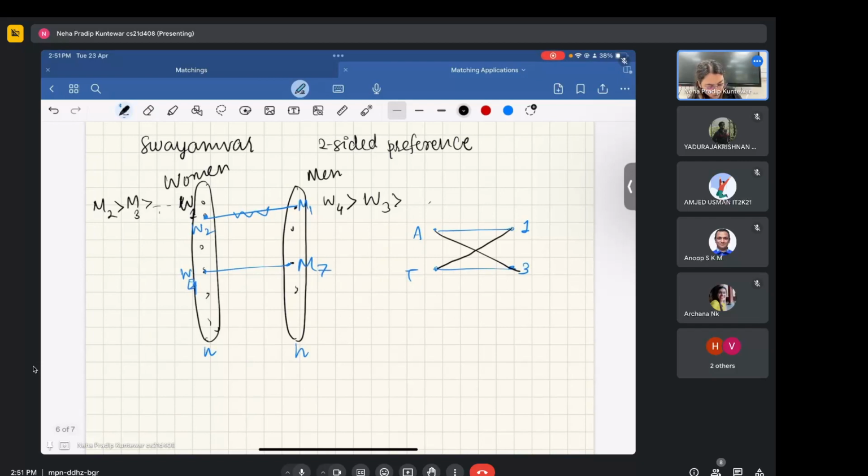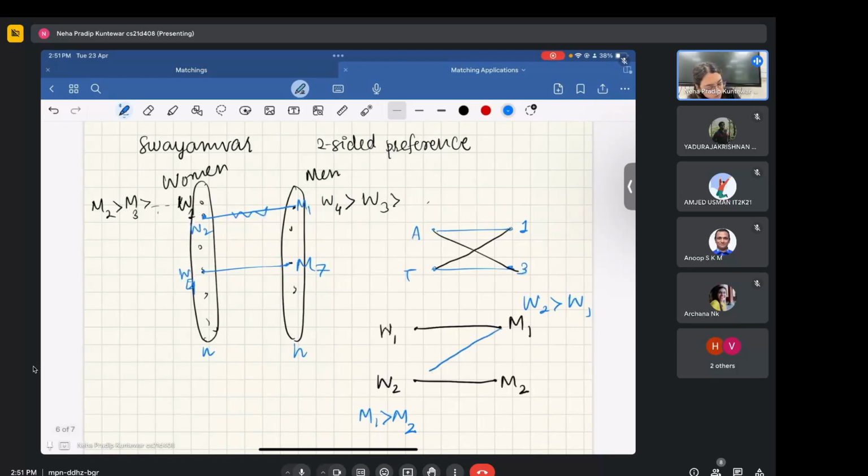So how is that? Let's say W1 is married to M1 and W2 is married to M2, but let's say that W2 prefers M1 over M2 and M1 prefers W2 over W1. Then they would be happy to swap.